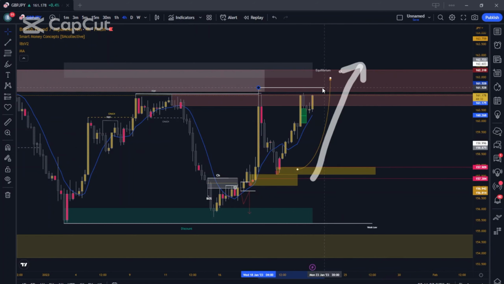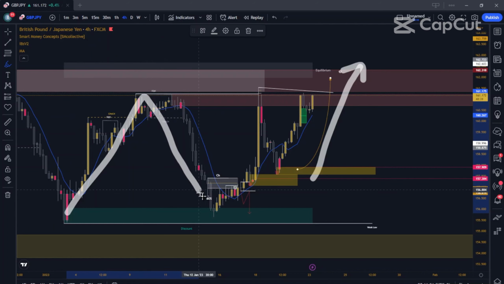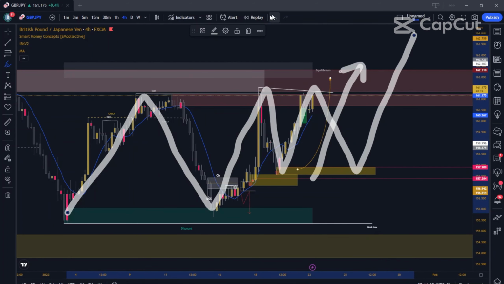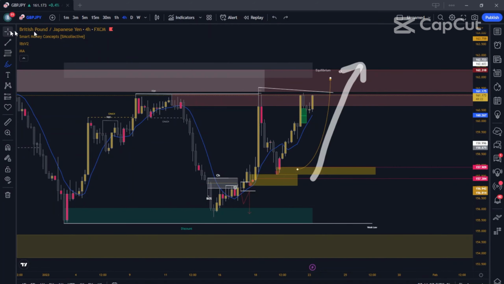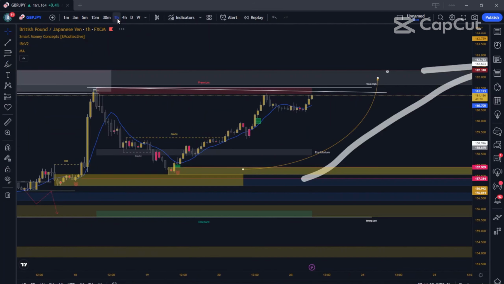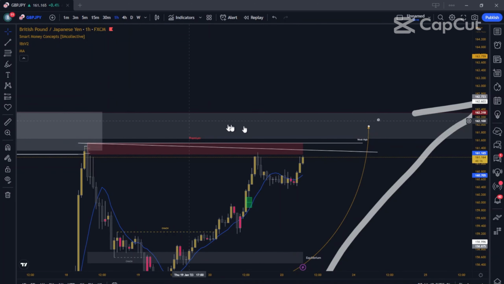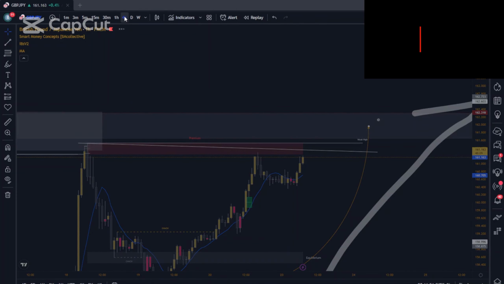Now we've got this high to take out here. Up, down, higher high. So that's what we should be seeing. If you want to trade the pullback, you're going to wait for a 1-hour change of character. You see this gray zone out here, that is our supply that we could be looking at.